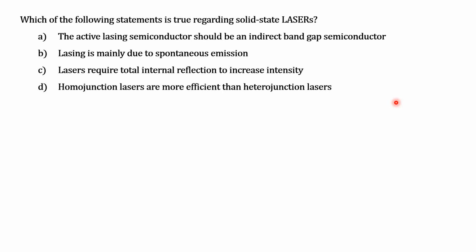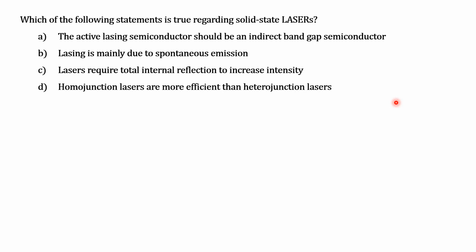Yeah, so can you give me an explanation of why? Because as we want to increase the intensity of the laser, one thing is population inversion and the second thing is total internal reflection, and stimulated emission, to get coherence. Yeah. So is it clear?